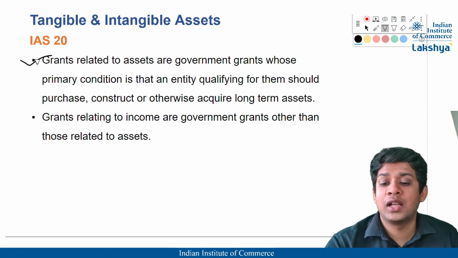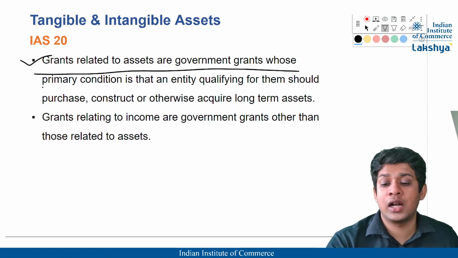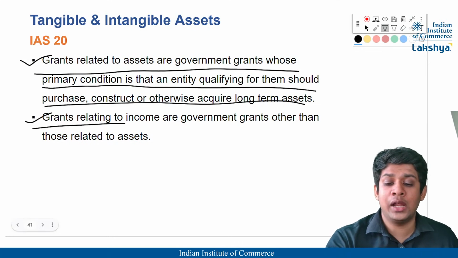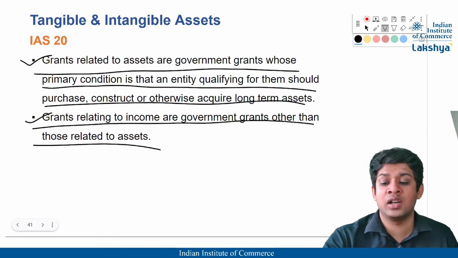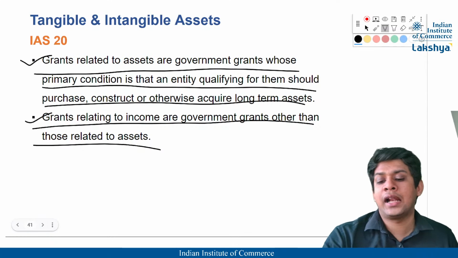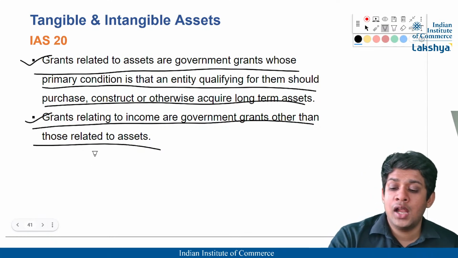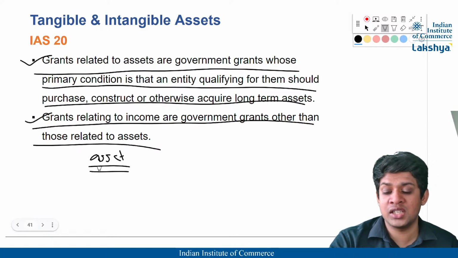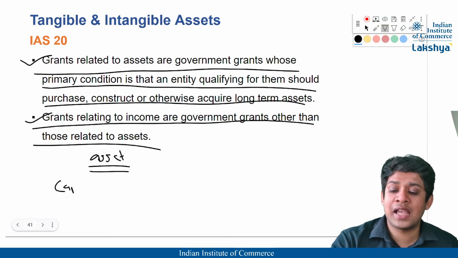Now, government grants related to assets are government grants whose primary conditions, okay, and government grants related to income are government grants other than those related to assets. So what they are trying to say here, guys, is that if it is a grant related to asset, maybe I purchased a machinery and on that I'm getting a grant. So that is known as capital grant.